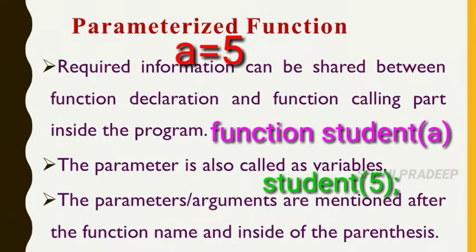These parameters and arguments are mentioned after the function name and inside the parenthesis. You declare the parameter in the function declaration part within the parenthesis and the arguments, which means values, in the function call part within the parenthesis.